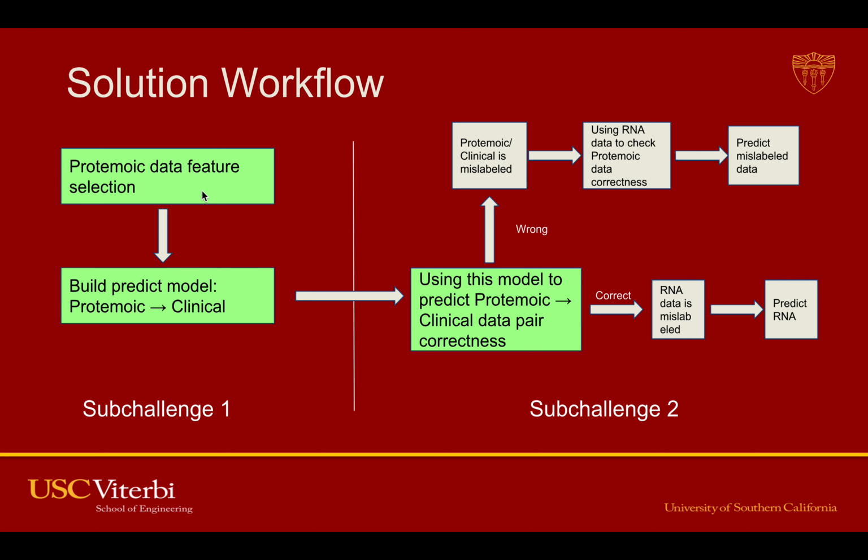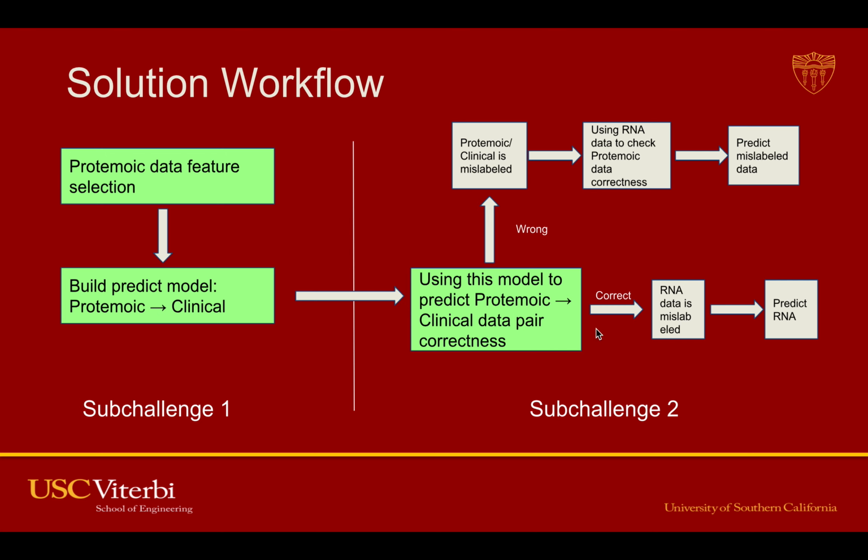After feature selection, we use the selected features to build a prediction model, which uses proteomic data to predict the clinical data. After that, we use the same models to do the prediction in subchallenge number 2, still using proteomic data and clinical data.